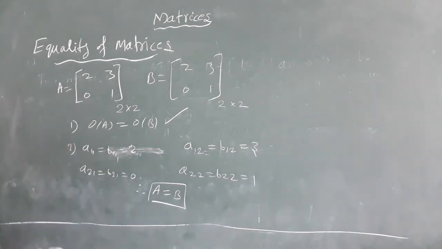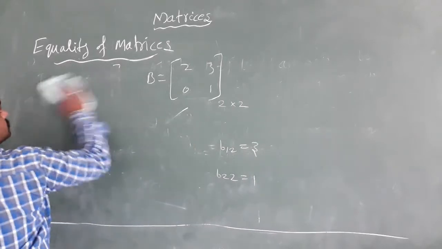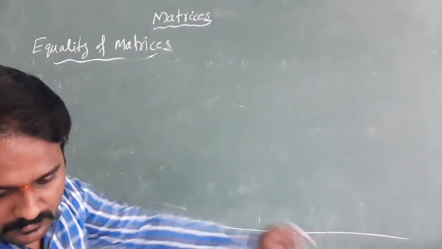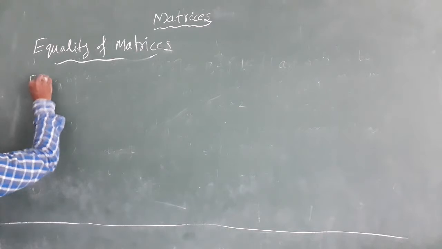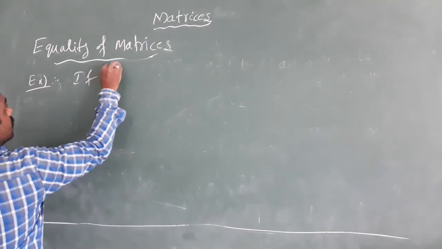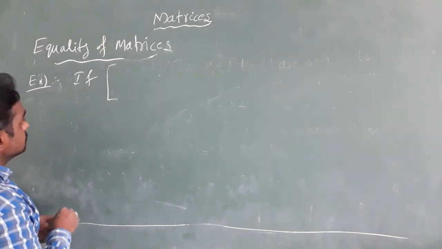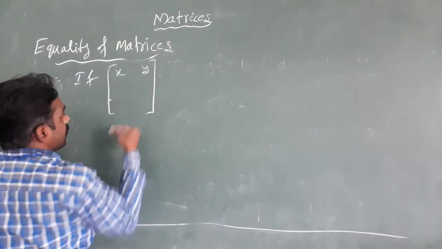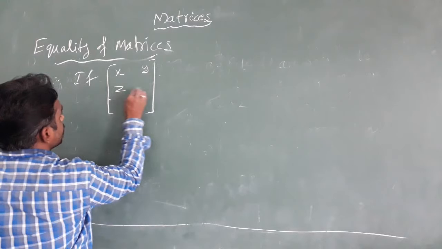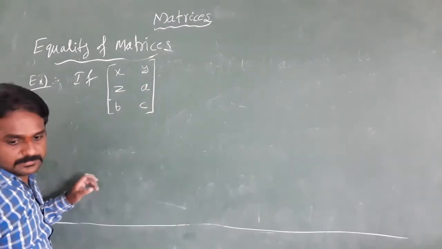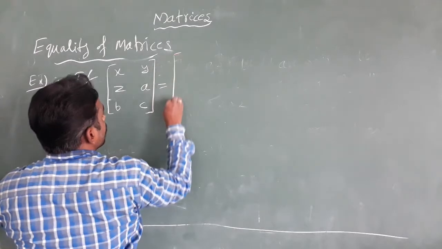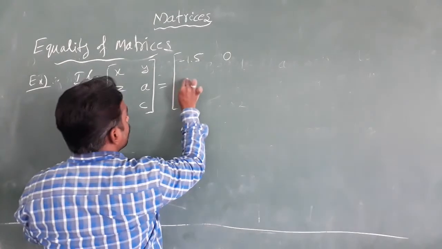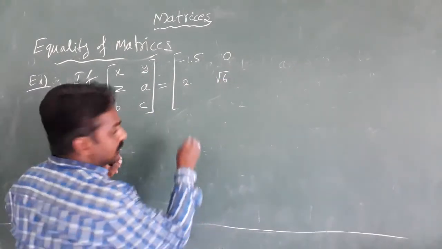Okay, let us see another example. If matrix X, Y, Z, A, B, C equals minus 1.5, 0, 2, root 6, 3, 2.